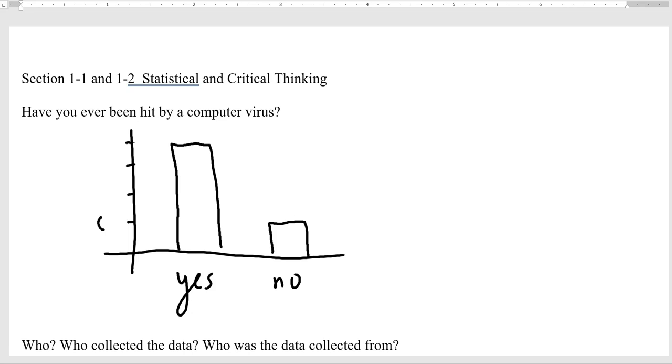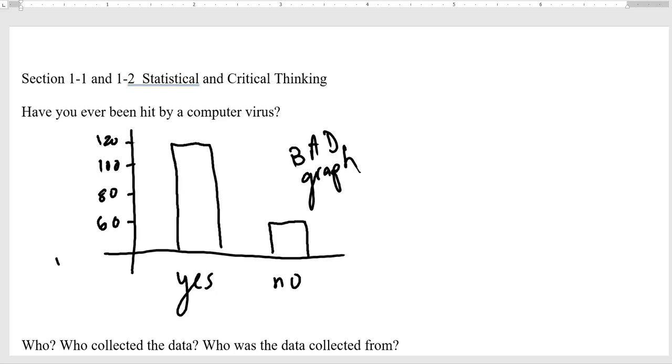Well, what if we saw the numbers here at 60, 80, 100, and 120? You're like, well, yeah, but still, 60 said yes, and 120 said no. That's still a big difference. Yeah, but look at the manipulation here. This is what we would call a bad graph. In fact, when we get to the chapter where we're graphing, you don't graph like this.